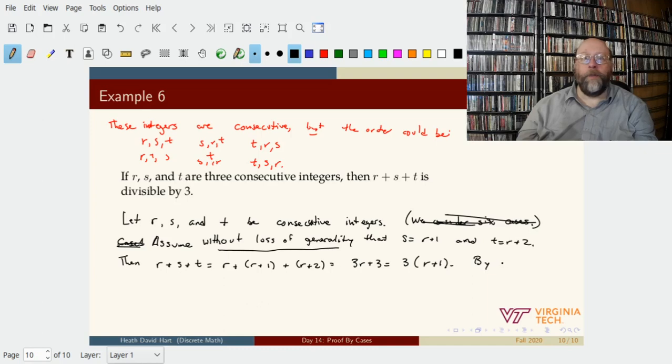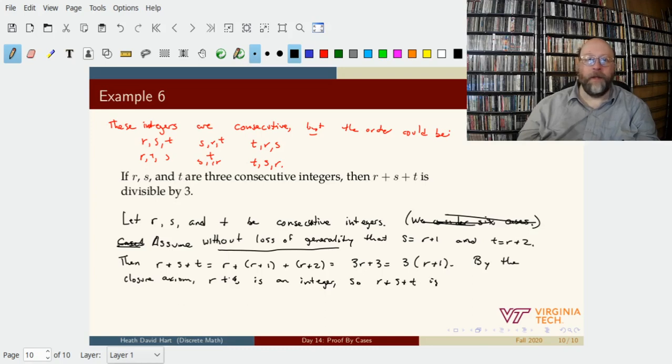And then by the closure axiom, r plus 1 is an integer, and so r plus s plus t is divisible by 3. That's the proof for the case where the integers are in this order.